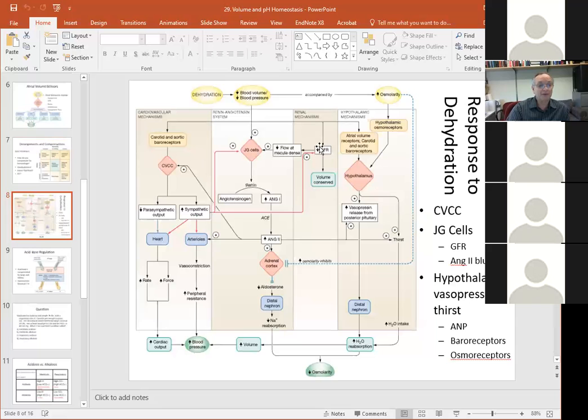Starling's law of the capillary says you won't get as much extravasation, which helps automatically because if you filter less, you lose less to excretion. So that will bring your blood volume back up to normal. The tubular-glomerular feedback will do the same thing through the juxtaglomerular cells.